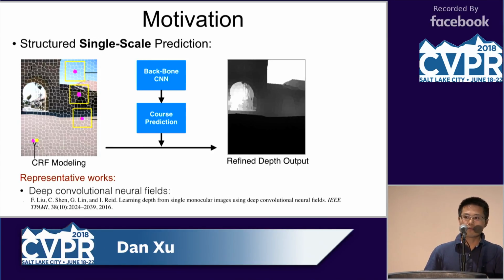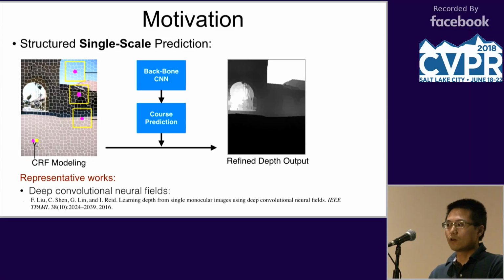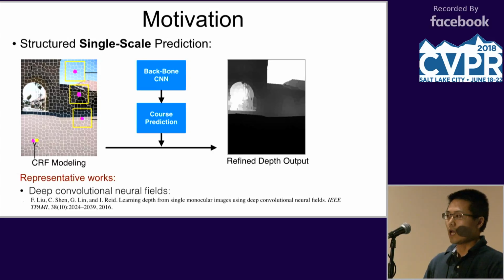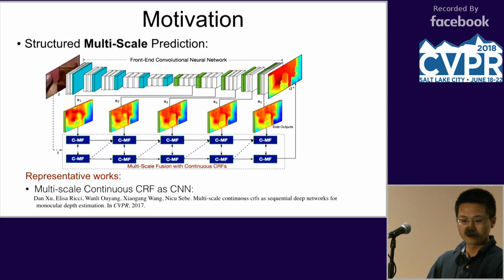In the basic framework of structure prediction in a single scale, the CRF is modeled on the input RGB image, and then it is used to refine the coarse depth output produced from the backbone CNN. A representative work in this track is deep convolutional neural fields. Structure prediction can also be performed in a multi-scale setting. A representative work is multi-scale continuous CRFs as sequential deep networks.